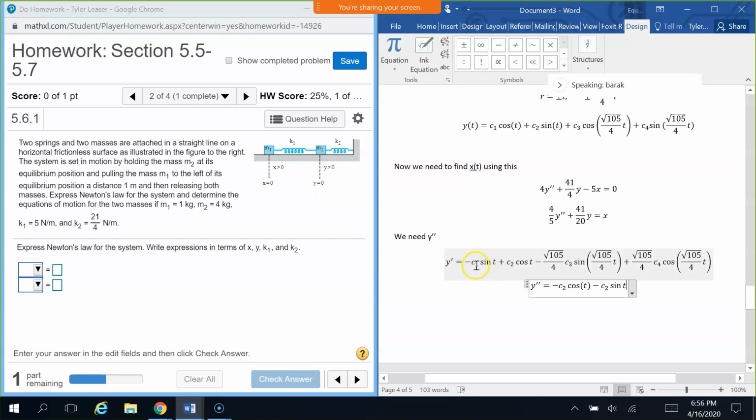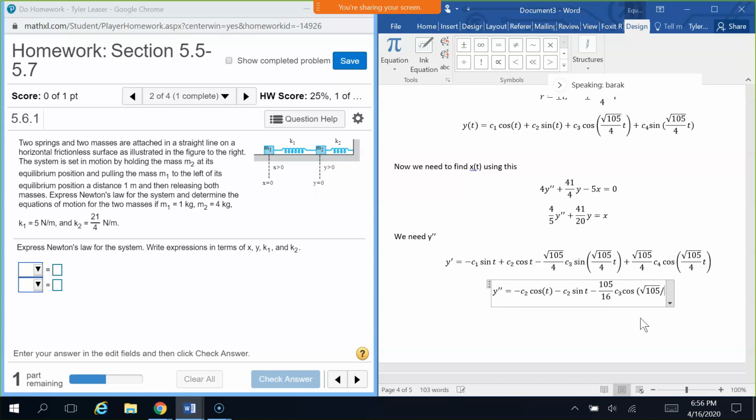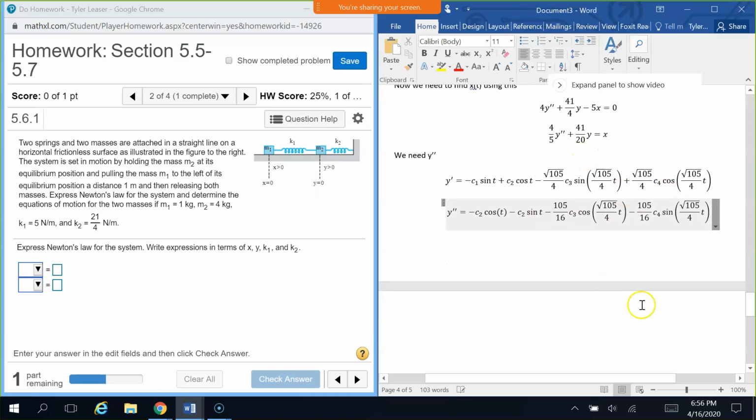All right, so then it's just the derivative of the first two terms. Those are easy. The derivative of these terms is going to bring out another of those square roots. This one's going to stay negative. It'll be 105 over 16 now, c3, and now it's cosine of that square root thing. Same thing here, but now it's going to be negative again, 105 over 16 c4 sine of the square root thing. Okay, now we can plug it into our equation here.